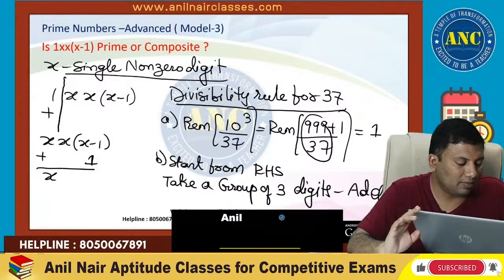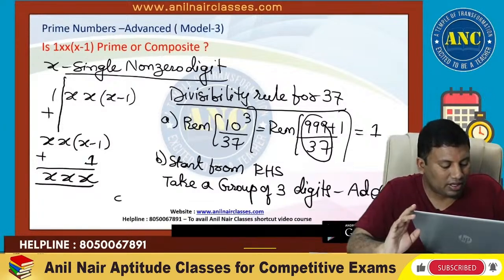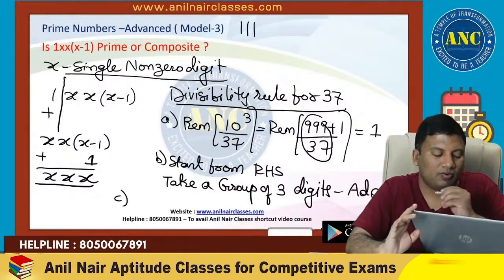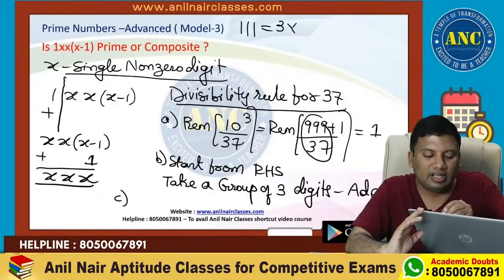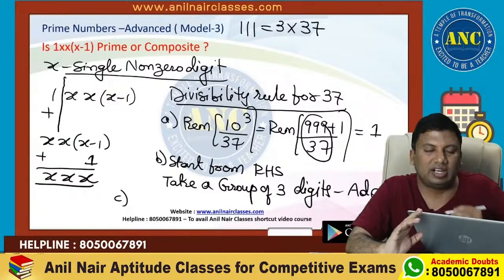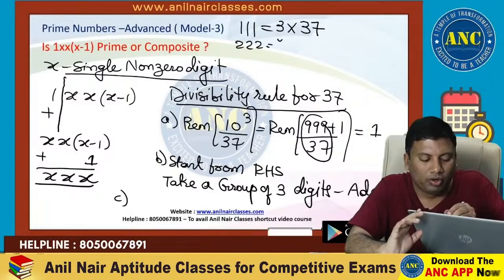This is nothing but xxx. Third point, suppose it is 111, x is written thrice. 111 is nothing but 3 into 37. 222 is nothing but 2 into 3 into 37.